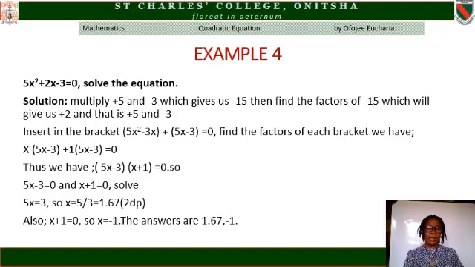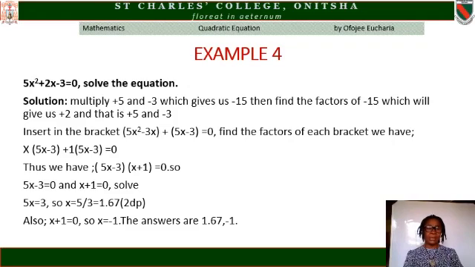What we have there will be 5x squared minus 3x in the first bracket, plus, brackets open again, 5x minus 3 equals 0. And so, what we do now is to solve for the factors. The factor of the first bracket is x, and when it is brought out, we have x bracket 5x minus 3.